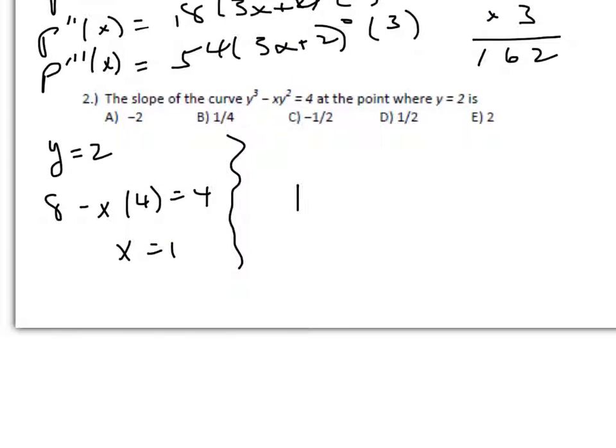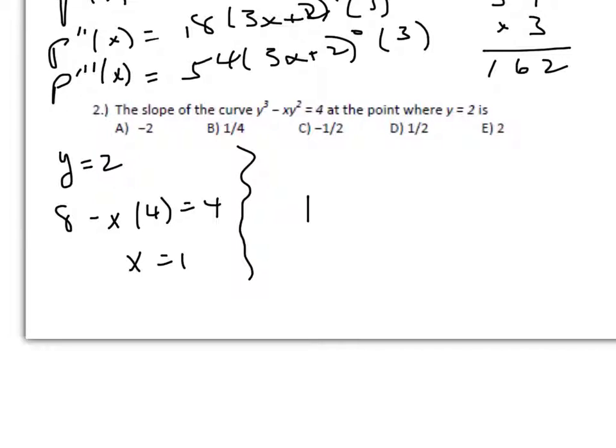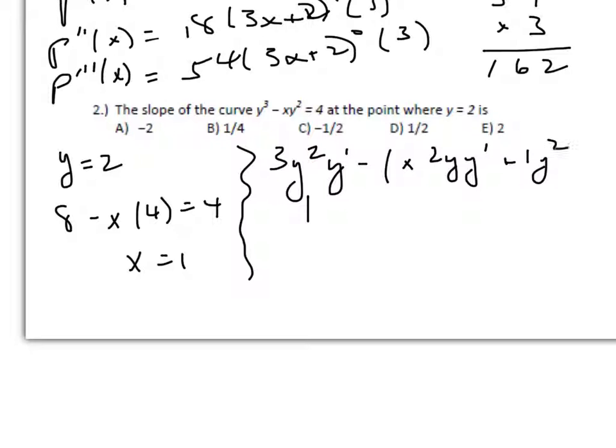And now when we're taking the derivative, we have 3y squared y prime, minus parentheses, x times 2y y prime, plus 1 times y squared, equals 0.